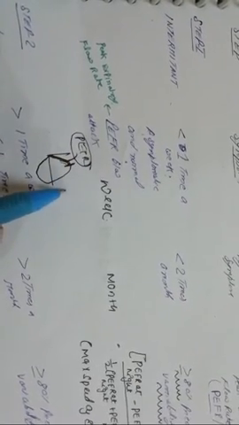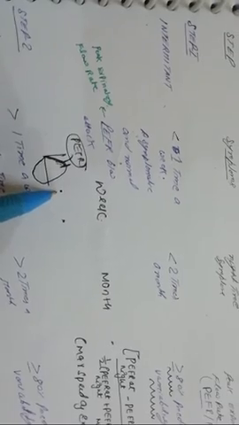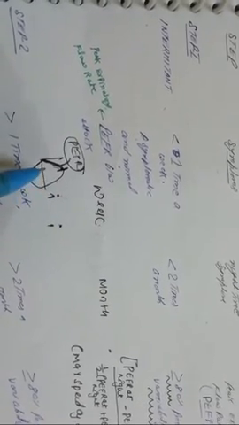Now if you look at the peak expiratory flow rate between the attacks, if this is the first attack and this is the second attack, between the attacks the force or speed of expiration, that is PEFR, if it is normal, we call it intermittent asthma, or the patient is asymptomatic.